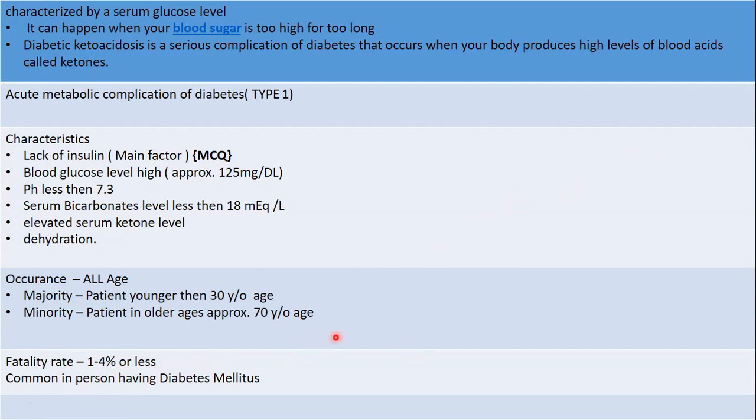So it is a complicated disease, it is a dangerous disease, but the condition is when the patient ignores this, or does not pay attention to the insulin level, or does not go to the doctor for a proper or regular checkup. Now, it is commonly seen in patients with diabetes mellitus. We have already discussed it.